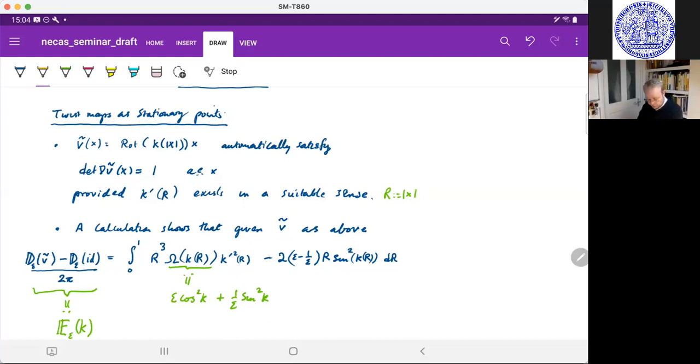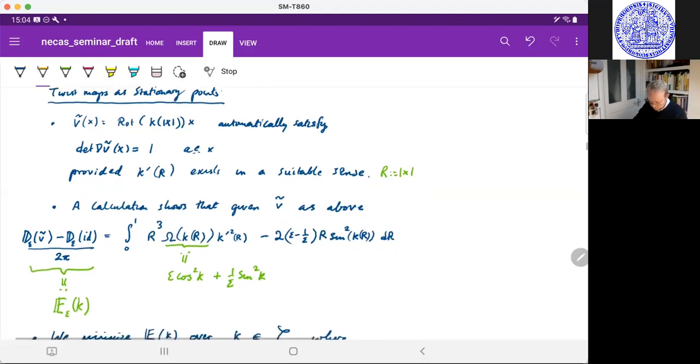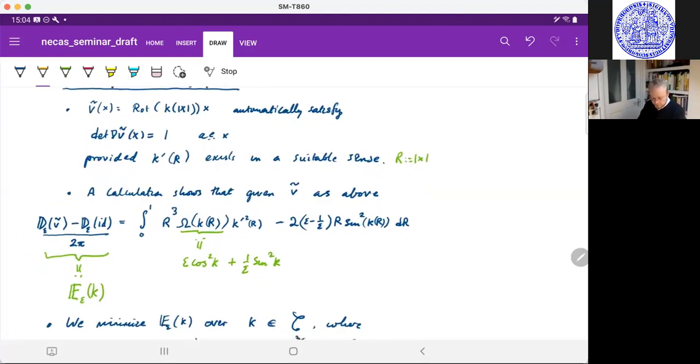So the idea is to start off by restricting the energy d epsilon to twist maps, and then to minimize amongst these k's. That's essentially it. So if you put v tilde as described into d epsilon, and you normalize a little bit, you end up with a new functional, which I call e epsilon, okay?